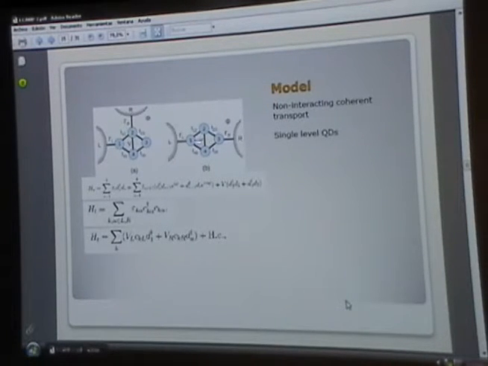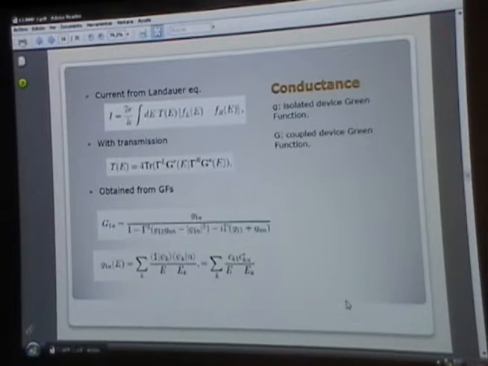So we have a discrete level in the quantum dot and a continuum in the leads. That should be enough to catch the basic picture of the Fano effect. This is the interaction between both the dots and the leads. Well, the current then is, as I said before, obtained from Landauer's equation.